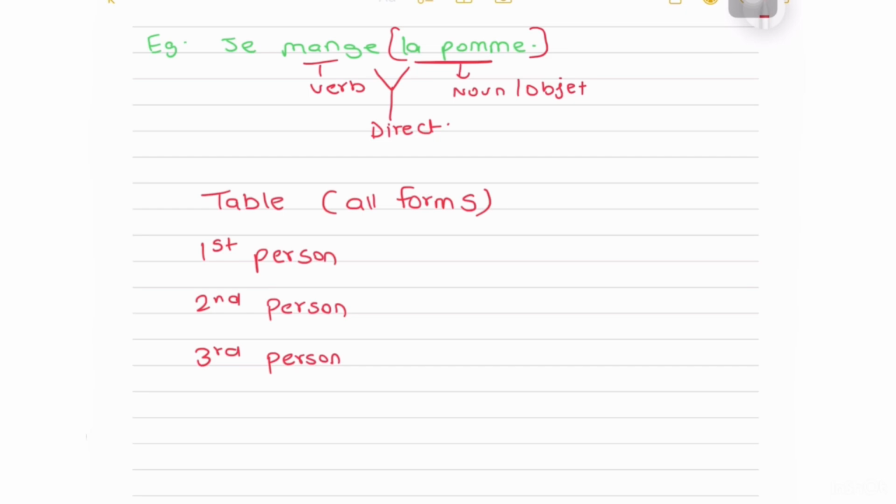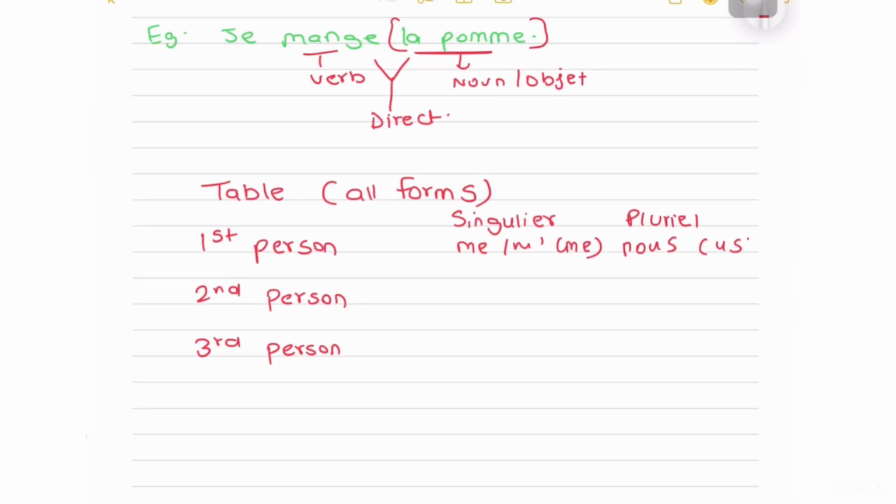Okay, now under this you have singulier, pluriel, that is je. So with that you get the pronom me or m apostrophe. For pluriel you get nous as your pronoun. Okay, so here me or m apostrophe means me. This one means us. For second person, that is you, tu or vous, you get te, t apostrophe, and here you get vous.